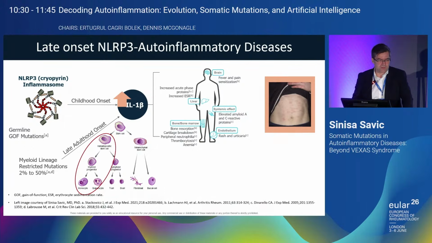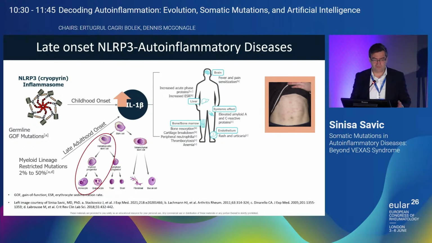And here, due to gain-of-function mutations in the NLRP3 inflammasome, you get overproduction of IL-1 beta, which in turn causes all these other symptoms which are very recognizable. And the disease severity is in a way related to how much IL-1 beta you produce.